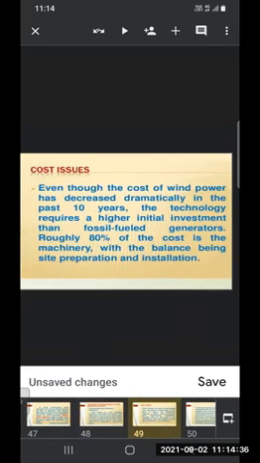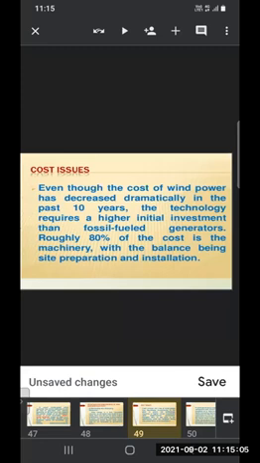Now, what are the cost issues? Even though the cost of wind power has decreased dramatically in the past 10 years, earlier when it was new, it was costing very high. Now due to more research, the cost has decreased in the last 10 years.